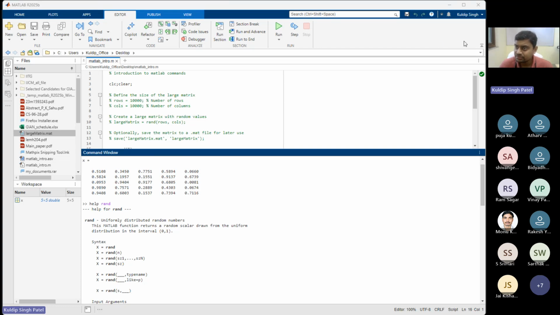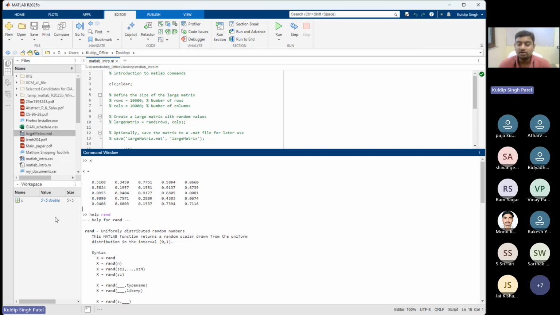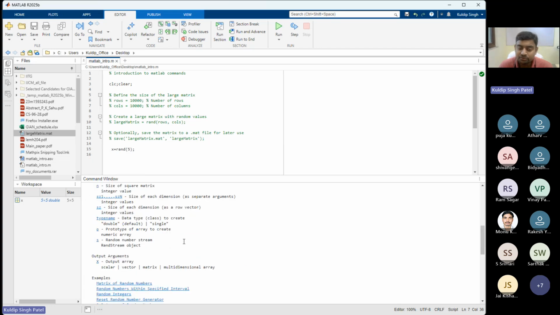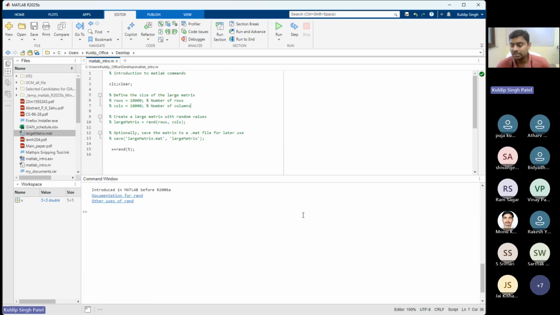I hope till here it's fine for everyone. What we understood is that in MATLAB there is something called the workspace, and the workspace stores all the variables. This is the command window. Whenever you run something, the command window shows you the results.